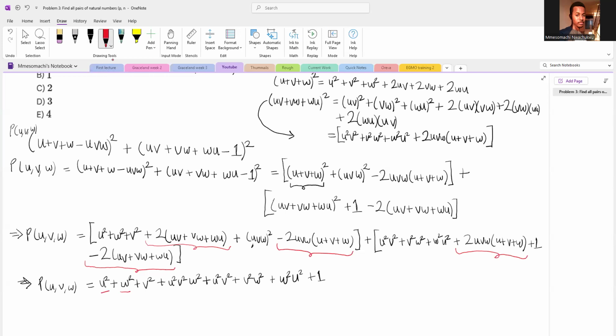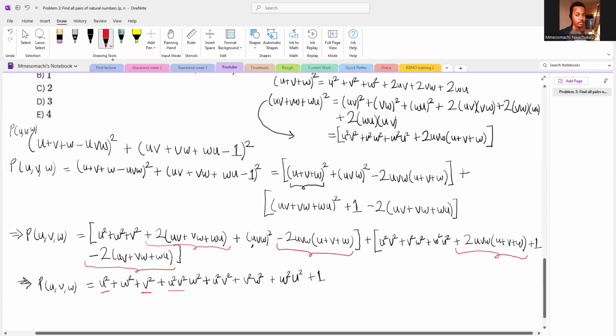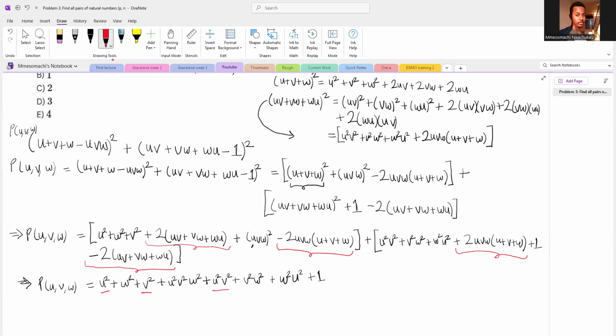I think it was when we said W equals 0, we had U squared, V squared, and then we had 1. Okay, so we can take those ones together, and then we look at the other ones left.